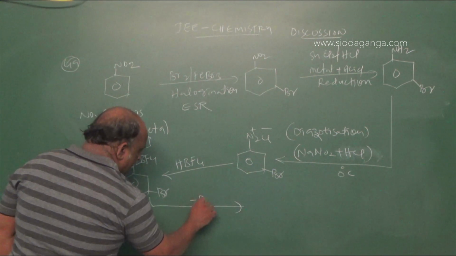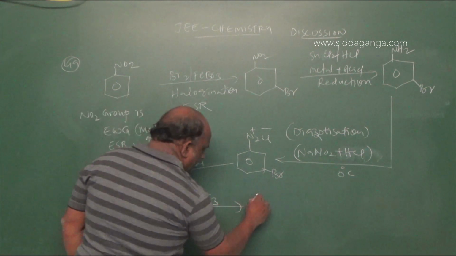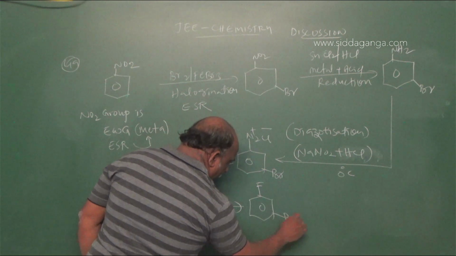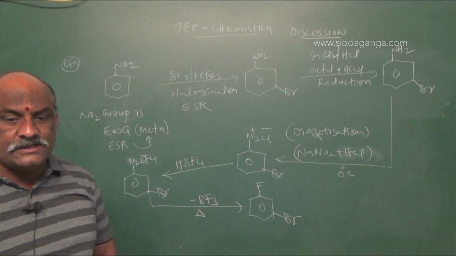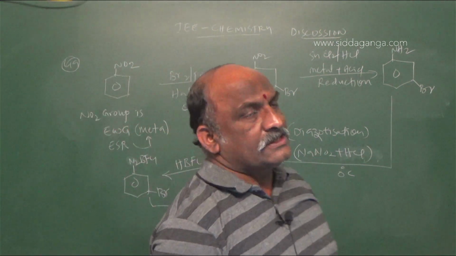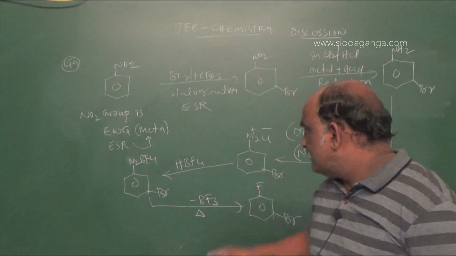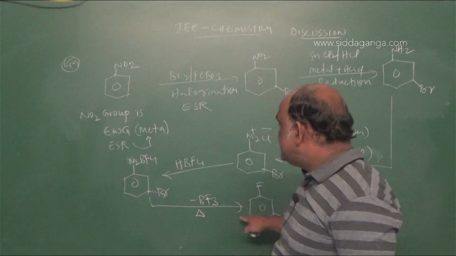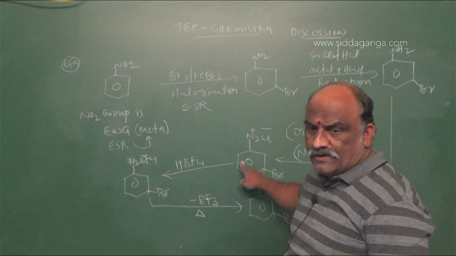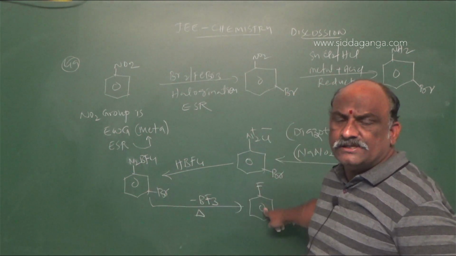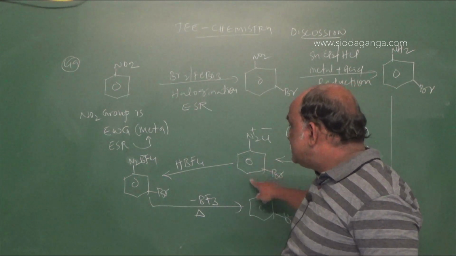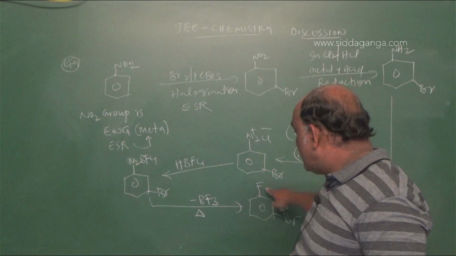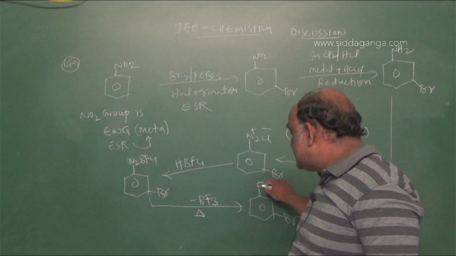On heating, BF3 will be eliminated, and then we get the compound with F and Br. This process is called the Balz-Schiemann reaction, a named reaction. The diazonium salt is converted to fluorobenzene. So we get these steps.